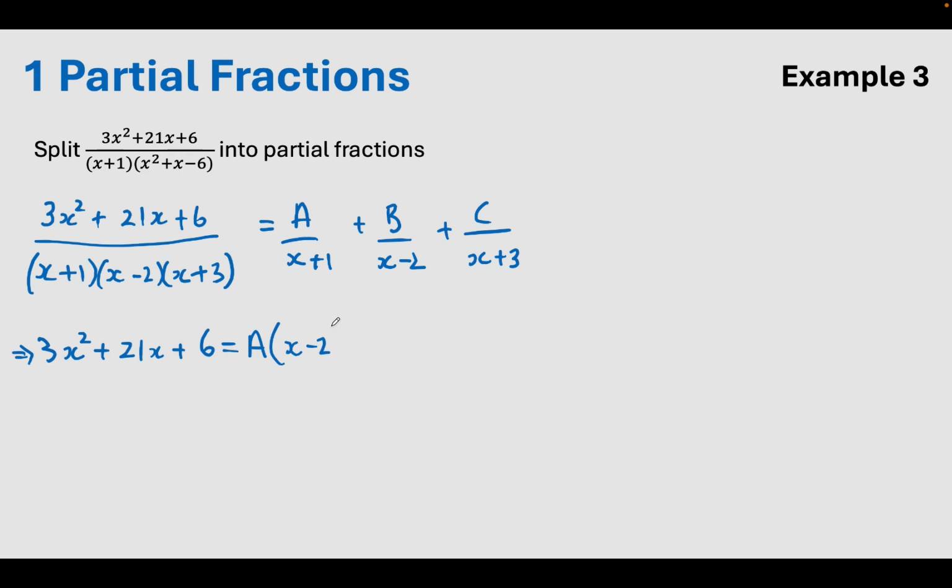So I get x minus 2 times x plus 3, plus b times x plus 1 times x plus 3, and I'll put c below again. So I get c times x plus 1 times x minus 2.